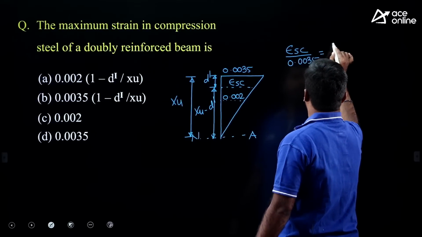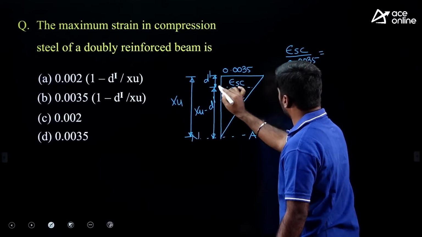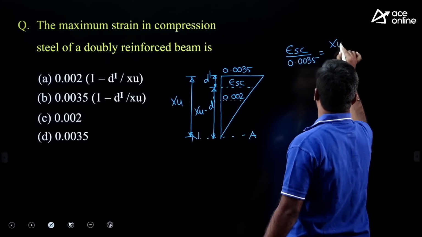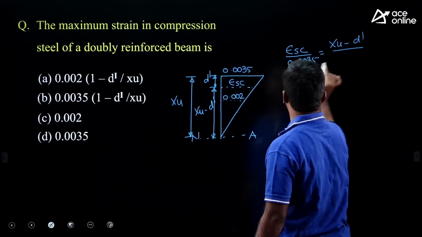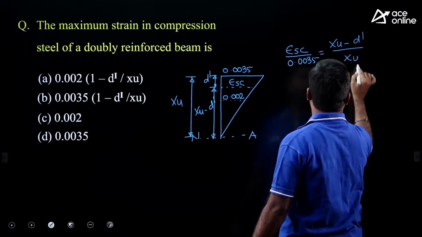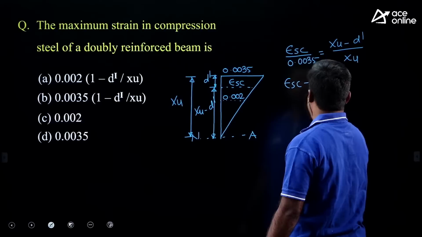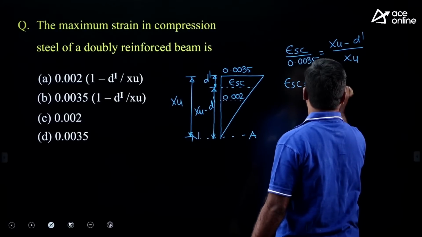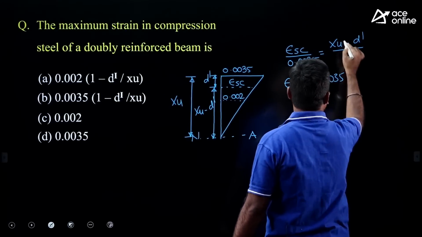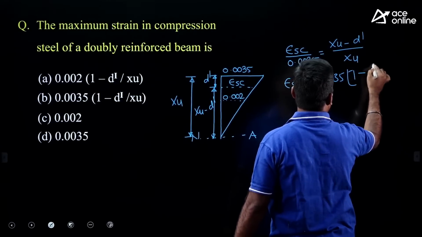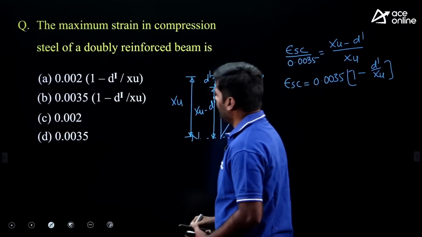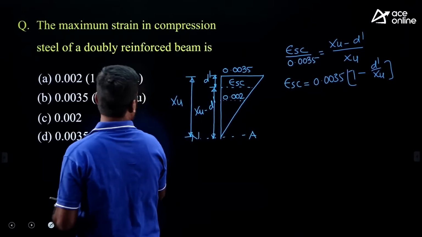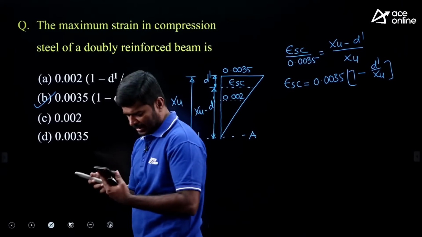Now, for epsilon SC, what is the distance? XU minus D dash. For 0.0035, what is the distance? It is XU. I want epsilon SC, that is 0.0035 into XU upon XU, that is 1 minus D dash upon XU. Now, which option is correct? Option B is correct, right?